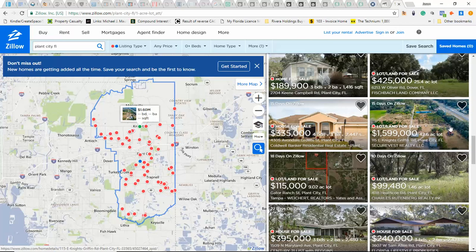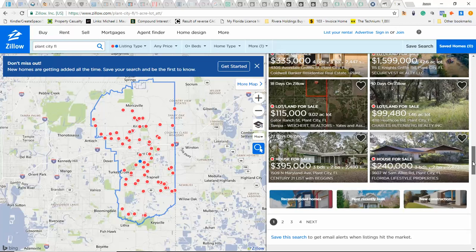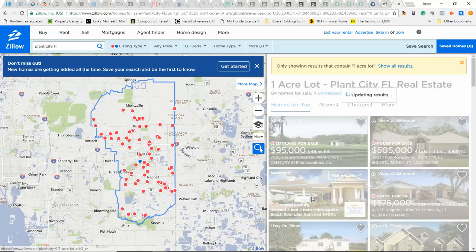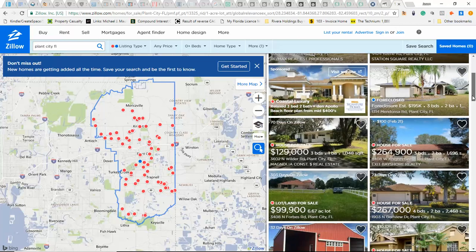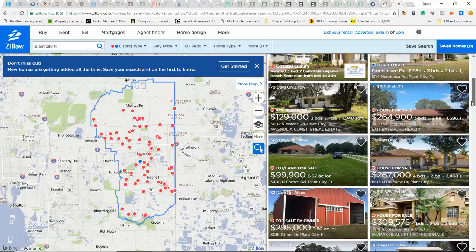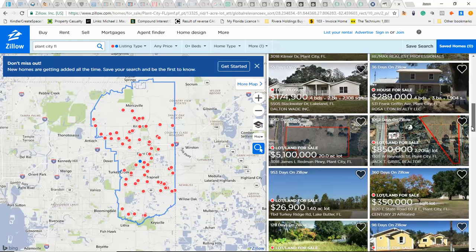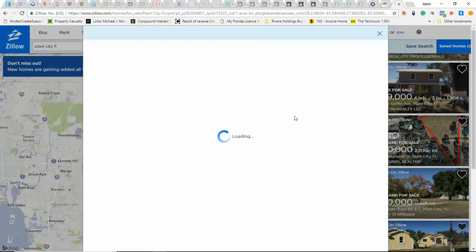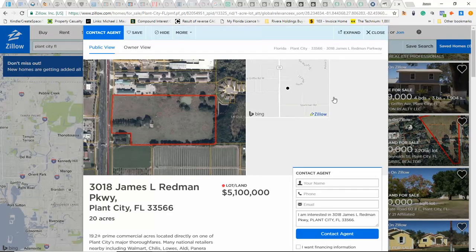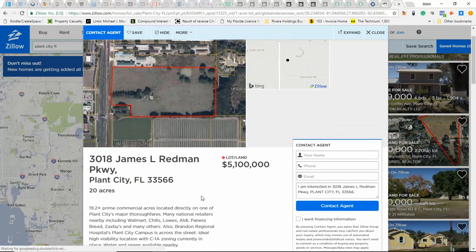So this might be comparable. Let's see if there's anything else. 20 acres. This looks like it's more in town, so this should probably be the most comparable right here. Yeah, commercial acres, so this is more in the city.